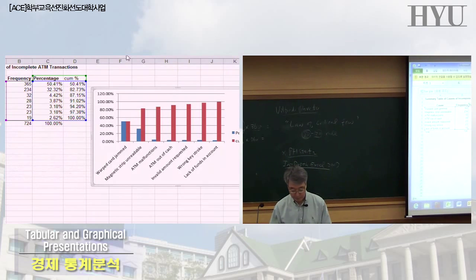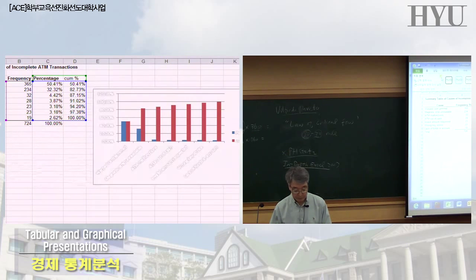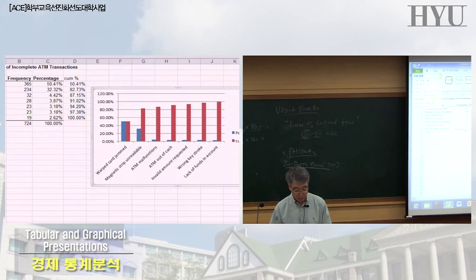So here, chart tool and select format, okay, and here select cumulative percentage, okay, and then the next step is click format selection right here.